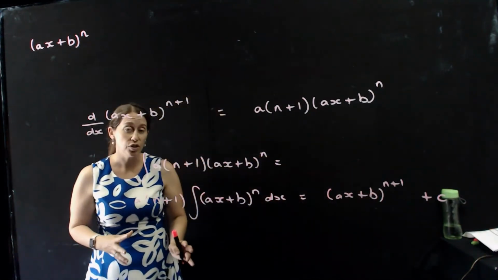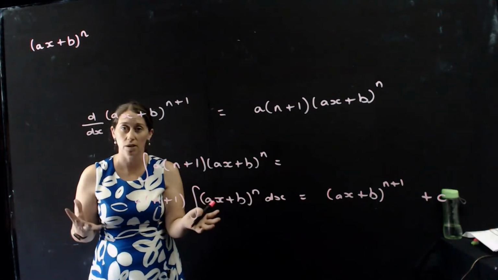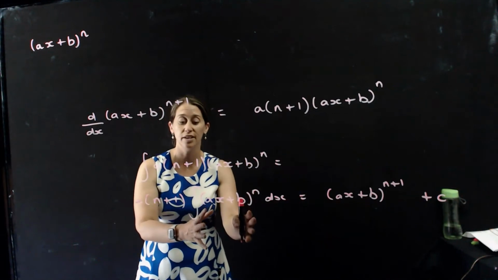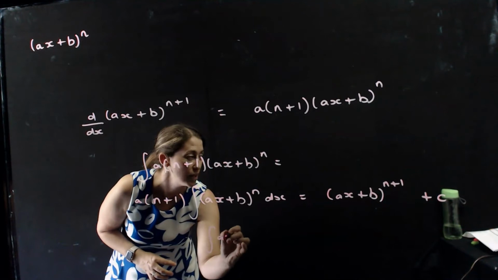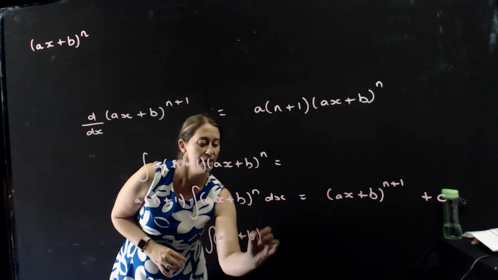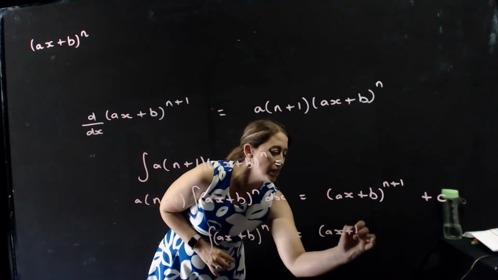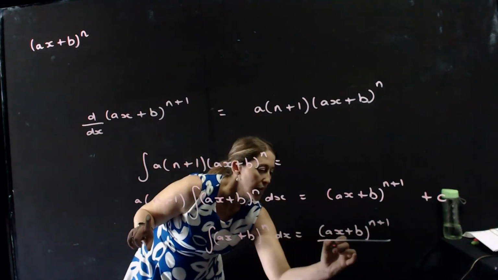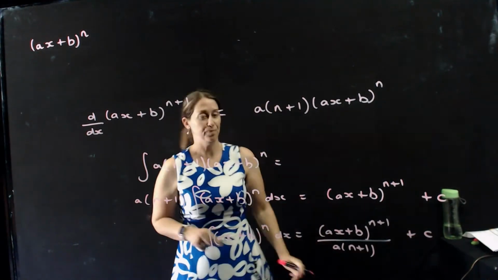So what I can actually do is take this whole constant, it's just a number, and divide by it. So I'm just left with what I want to integrate, which is the integral of (ax + b) to the power n with respect to x, which becomes (ax + b) to the power n + 1, all divided by a(n + 1), plus c.